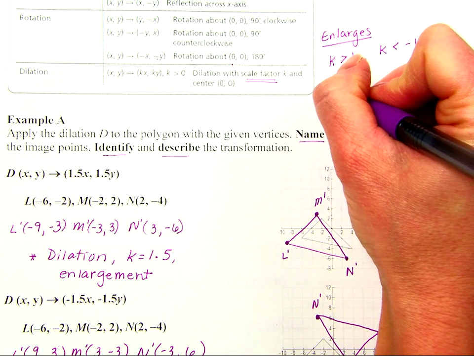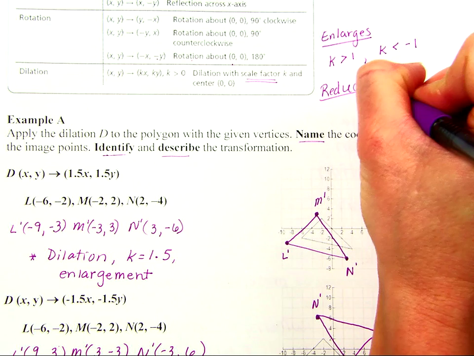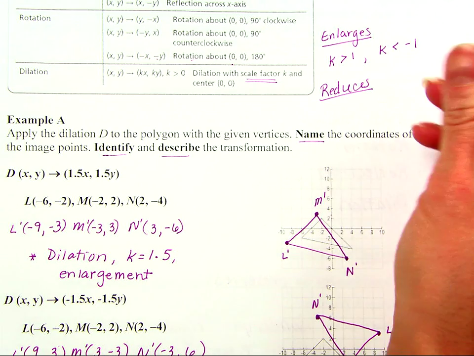When does our figure reduce or get smaller? Well, that would be when we would have our scale factor as a fraction or a decimal. Agreed? If we had 1/2 x or 1/2 y, or 0.6x and 0.6y.